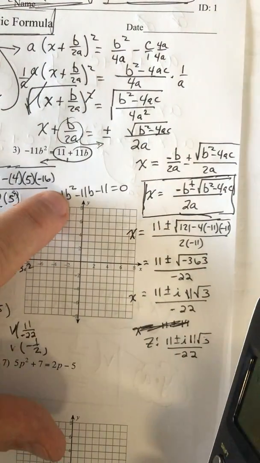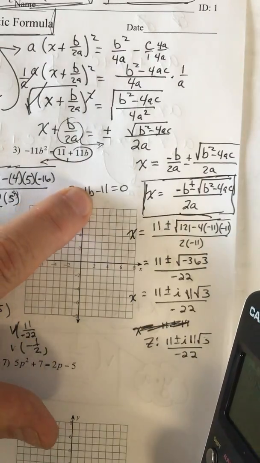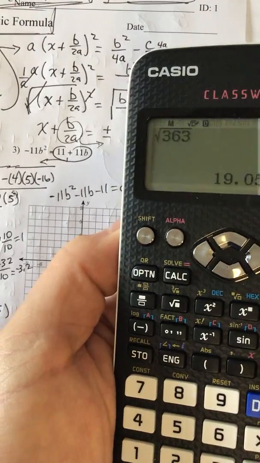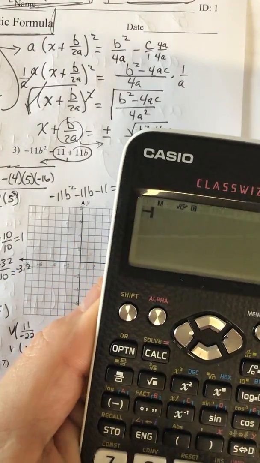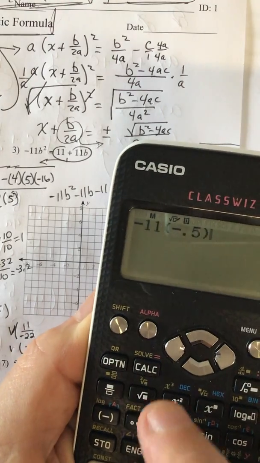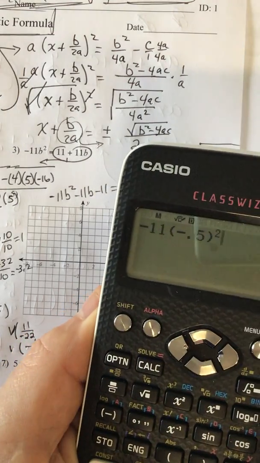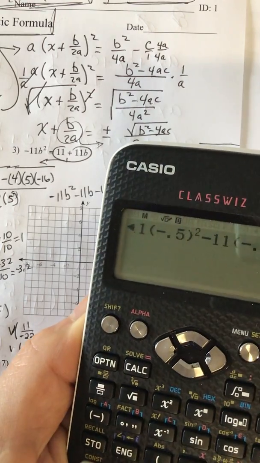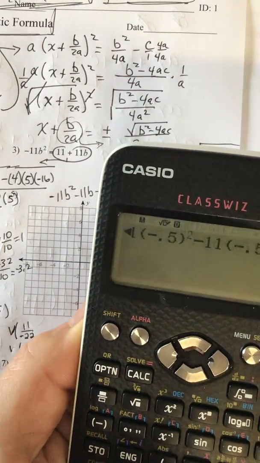Now, if I stick negative 1/2 in the first spot and the second spot, it'll tell me what the y part of that is. So on my calculator, I'm just going to have it do that. Negative 11 times negative 1/2 squared, minus 11 times negative 1/2, minus 11.